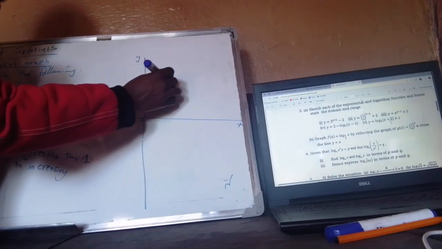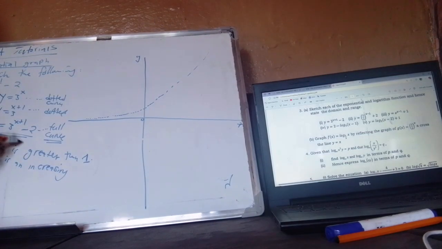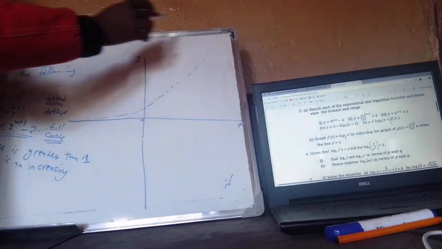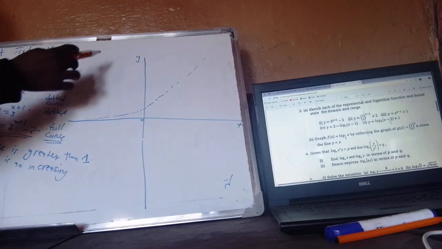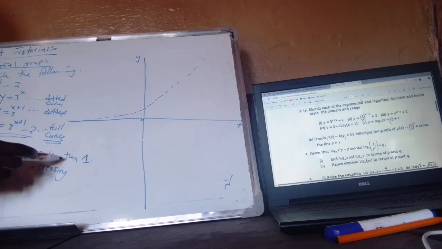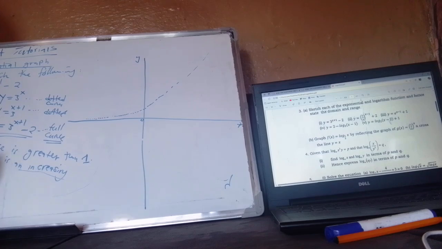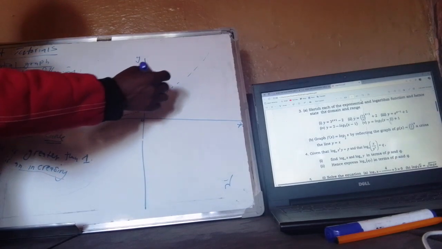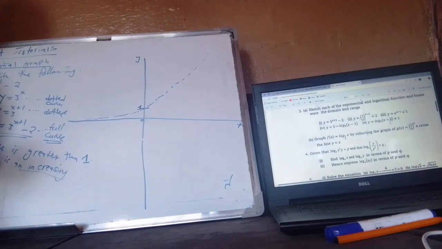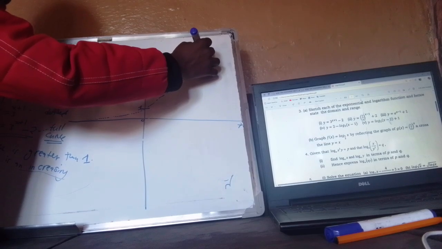Since it is greater than 1, it will be an increasing curve. But if this base was less than 1, I couldn't have started with an increasing curve. I would have let it be a decreasing curve coming like that. Remember the properties of an exponential function. 3 is greater than 1, implying that it is an increasing curve. So this is how my increasing curve should look. It is always passing through 0,1, the properties of exponential graphs. So this would be f of x equals 3 power x.